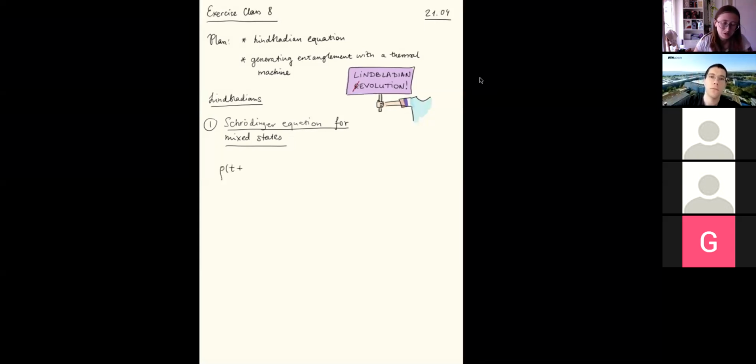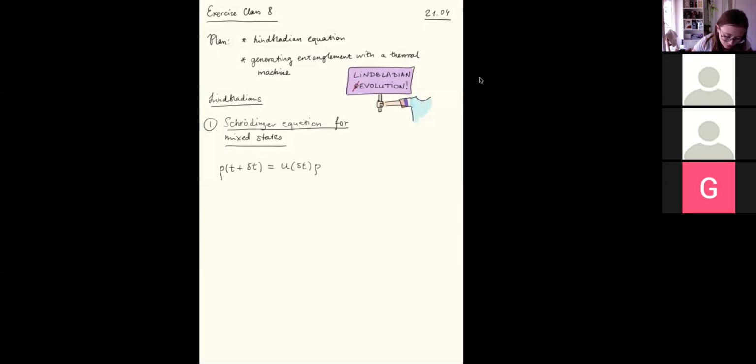suppose that we want to write out the state of the system rho at the time t plus delta t. Well, delta t is a small change. Then it can be written as U of delta t, rho of t, U dagger of delta t.